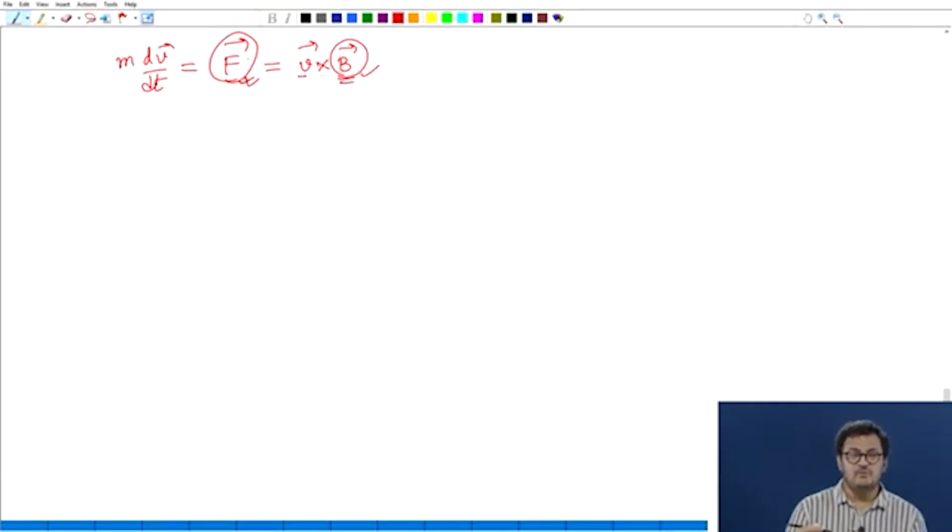If you really search in nature, you will see that such a force is possible when your b is the magnetic field, and there is a proportionality constant given by the charge of the particle. So, this is the motion of a charged particle with charge q.